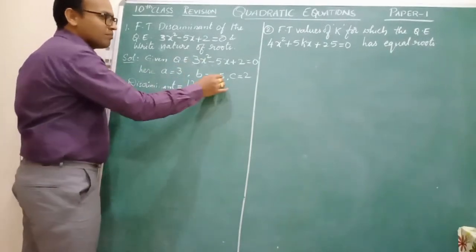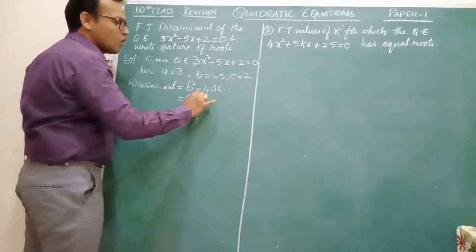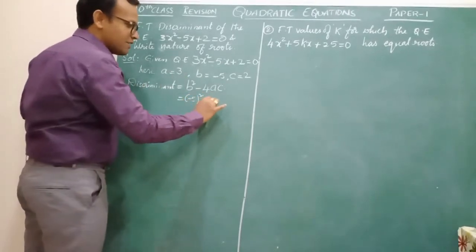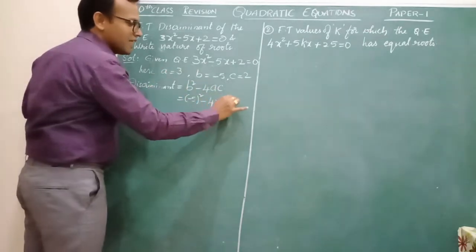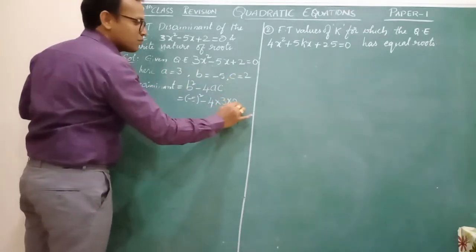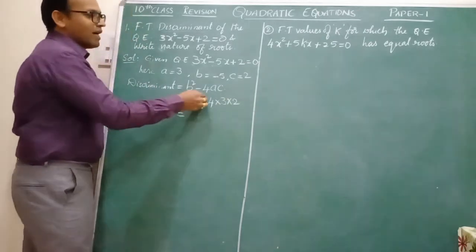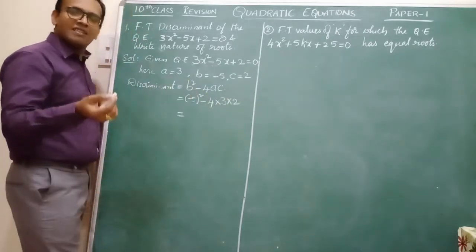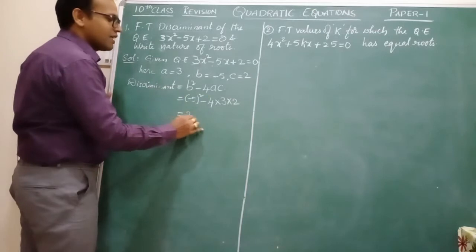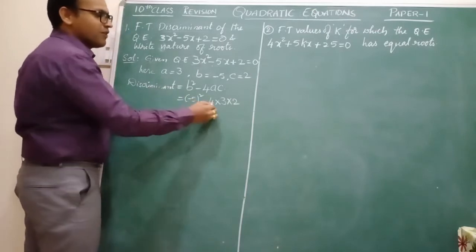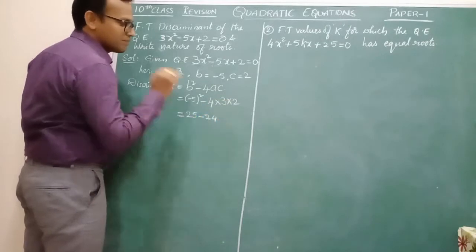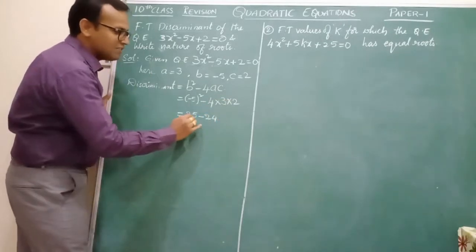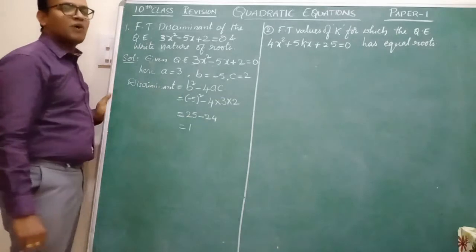B square means minus 5 whole square, minus 4 into a, value is 3, into c, value is 2. Minus into minus is always plus. 5 square is 25, minus 4 3s are 12, 12 2s are 24. Now 25 minus 24 is 1.